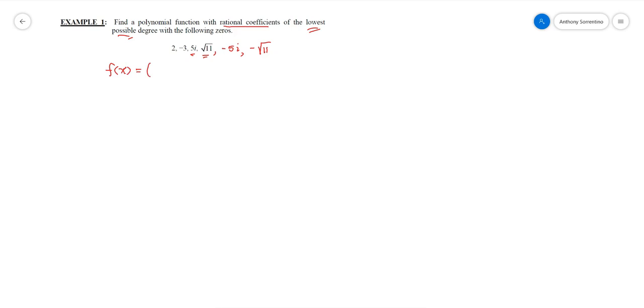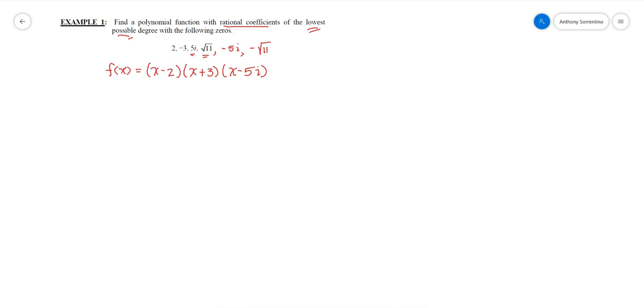is going to have, well, since 2 is a 0, x minus 2 is a factor. Since -3 is a 0, x minus -3 would be a factor, which means x minus -3 becomes x plus 3. Since 5i is a 0, that means x minus 5i would be a factor.